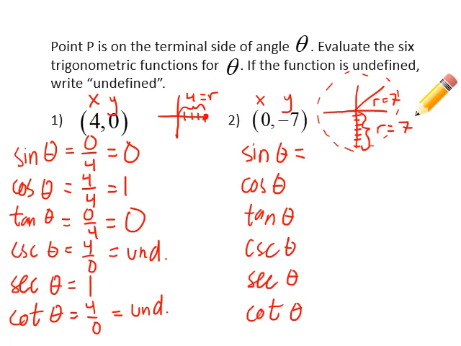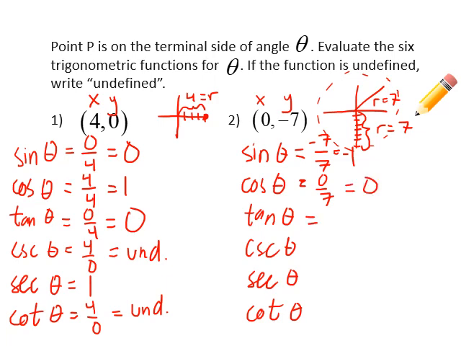Sine is y over r. Again, it's a positive distance, it's the absolute value, so I get -1. Cosine is x over r, which should be 0 over 7, which is 0.